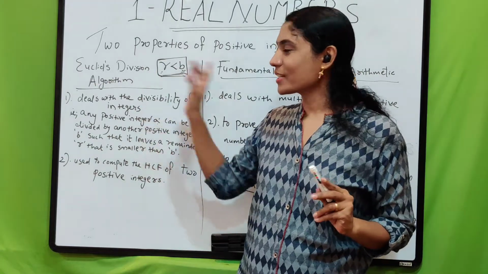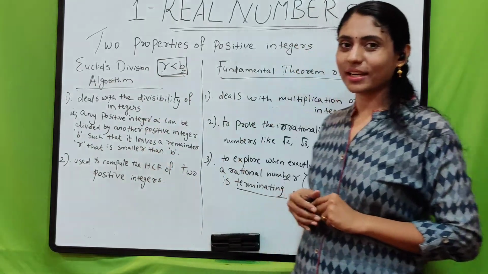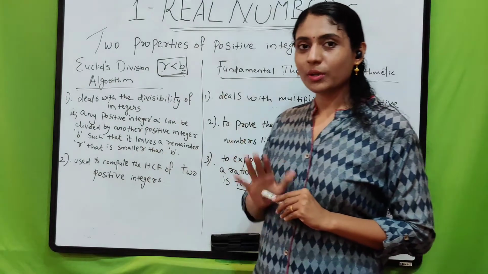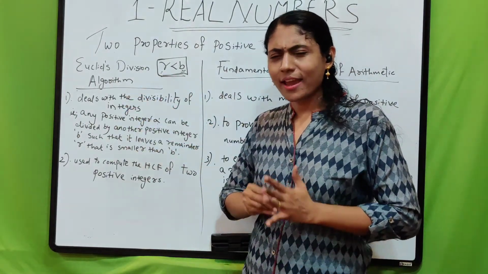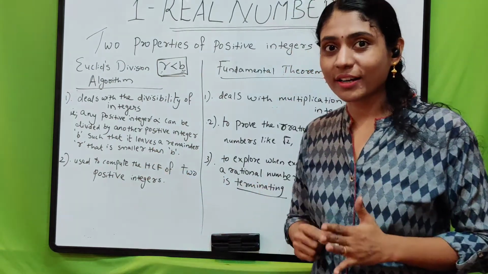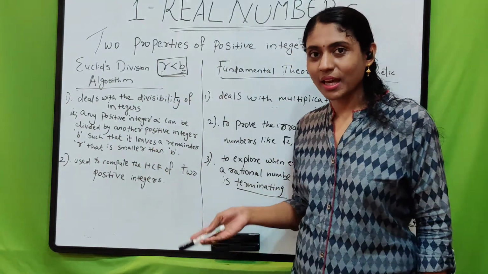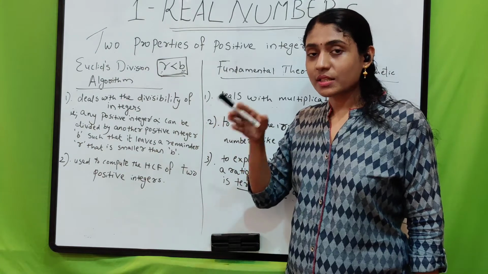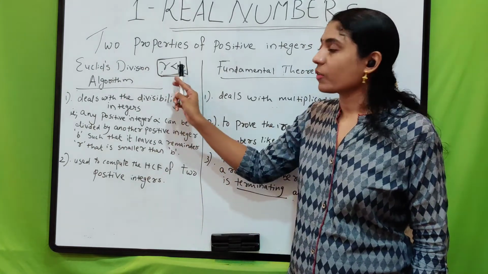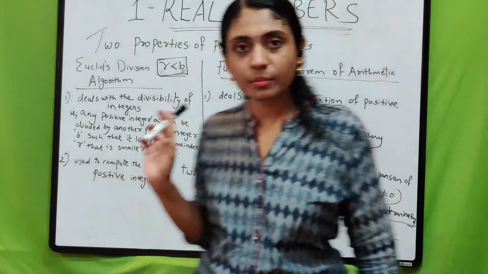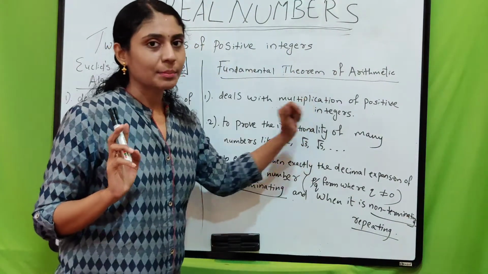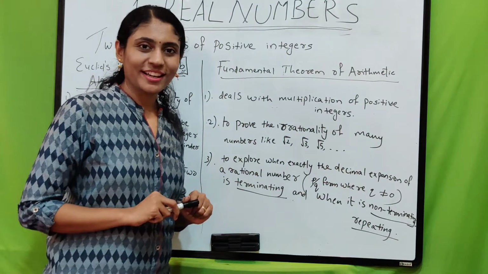Euclid's division algorithm means divisibility of integers: any positive integer a can be divided by another positive integer b, leaving a remainder r that is always less than b.